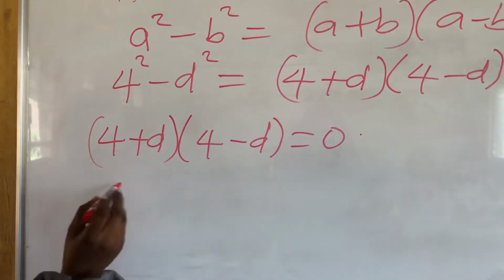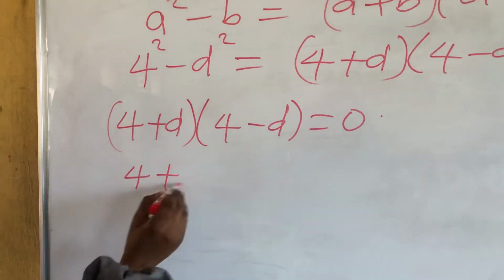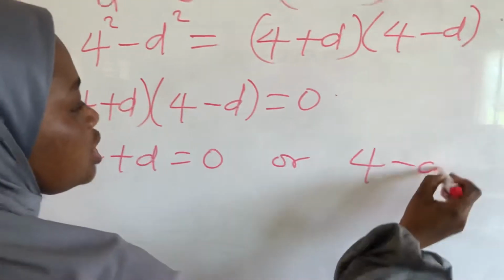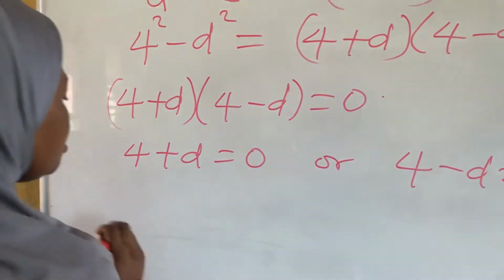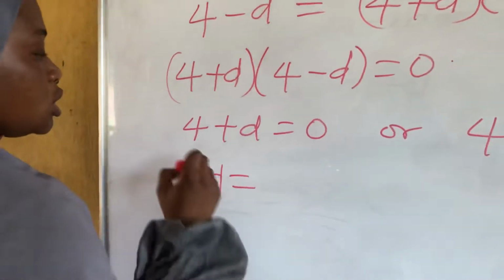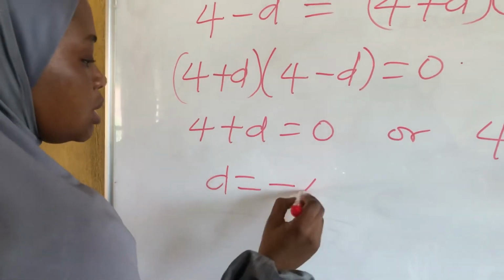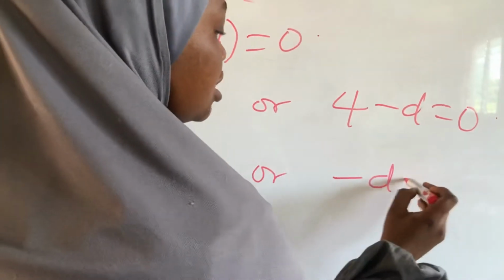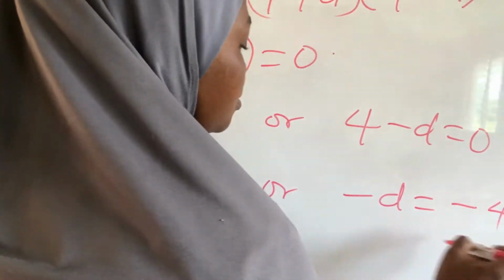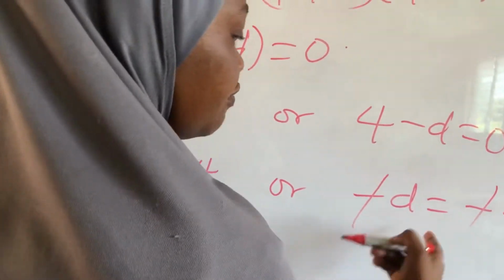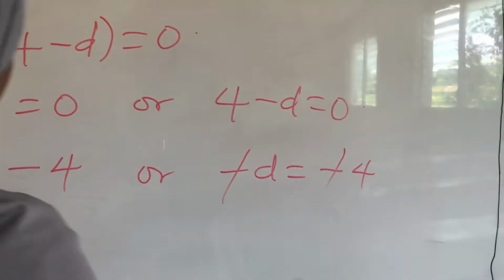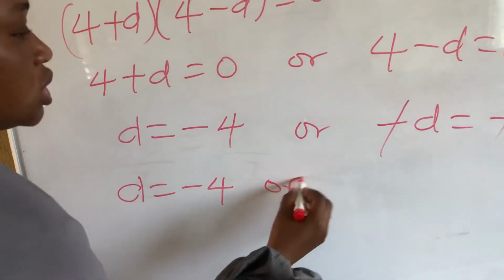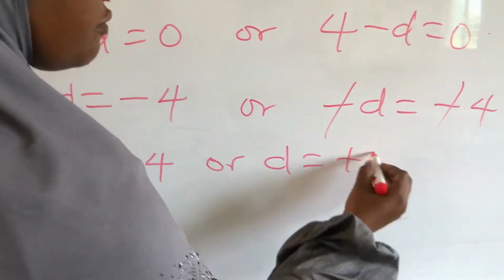From here, we can say that 4 plus D is equal to 0, or 4 minus D is equal to 0. So from here, D is equal to negative 4, and from the other, minus D is equal to minus 4, so D is equal to positive 4.